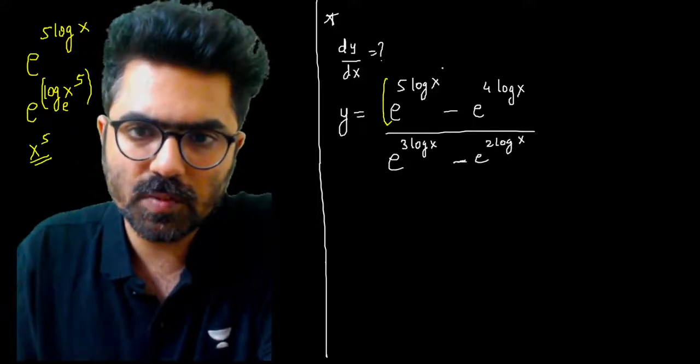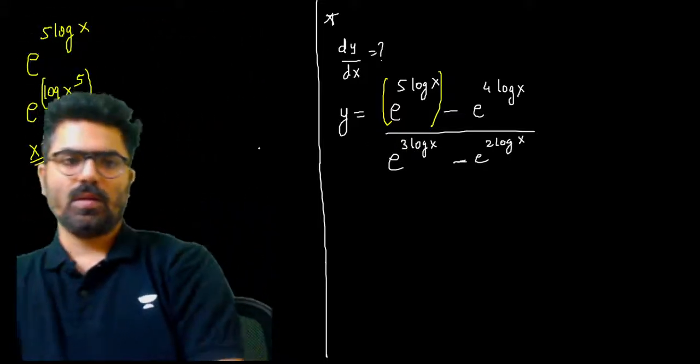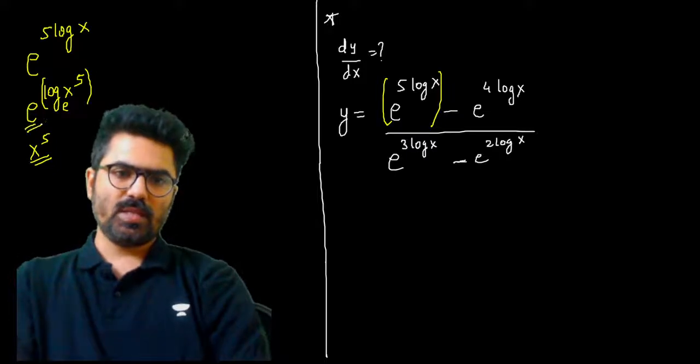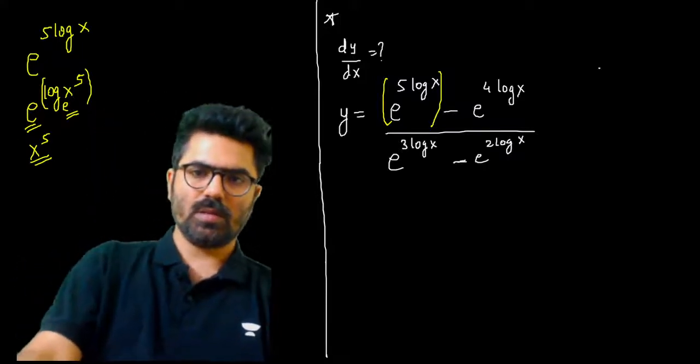So indirectly this part is written as x power 5. Okay, this is x power 5 as I mentioned. Then e power x power 5, base is same. So this entire part is written as e power x power 5.